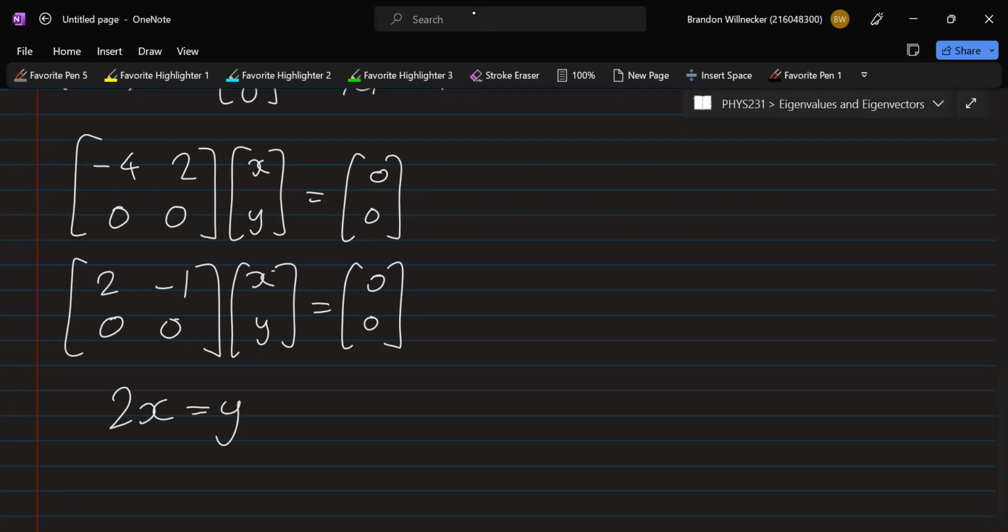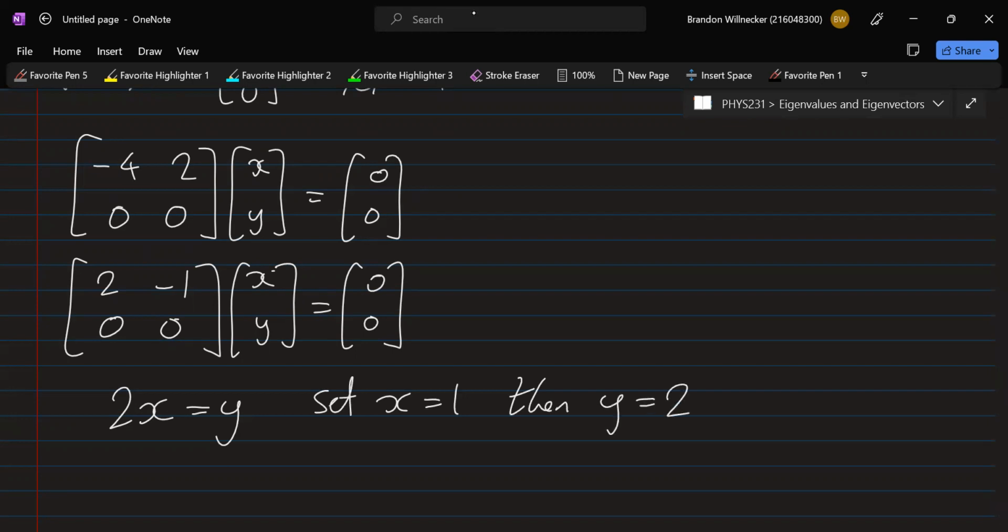So what we can do is say one of them is a particular value, and then we can solve for the other. So if we set x to be 1, then y is going to be 2.